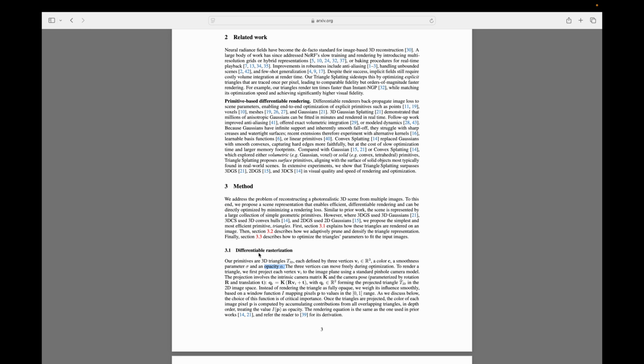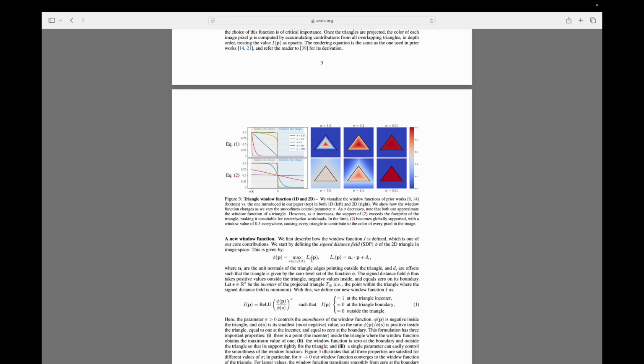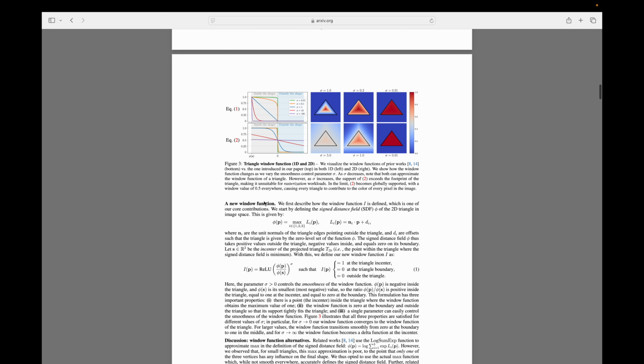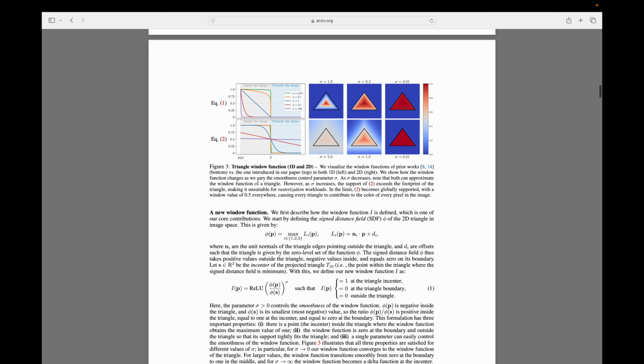So that's one side of the contribution: they introduce this new representation. But when you introduce a new representation, you need to make sure that it can be trained, that everything is differentiable, and that it's fast. A second contribution of theirs is this window function. The issue with triangles is that you have discontinuities, and you need to ensure smooth gradients.